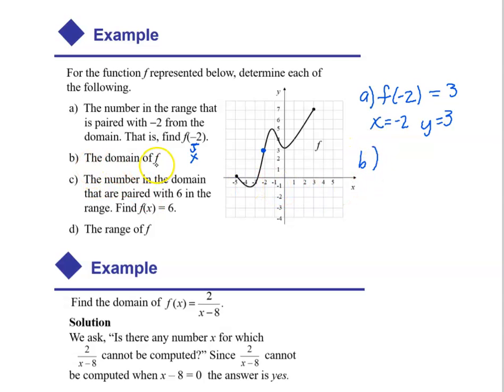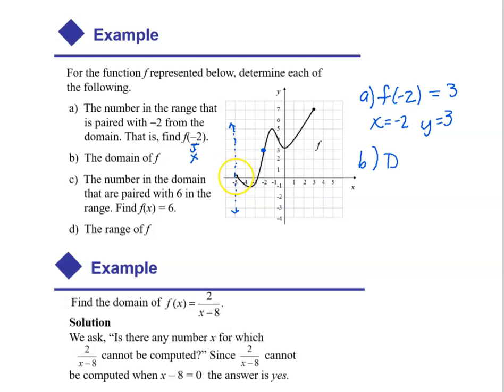The domain of f. Okay, so what's the domain of our function? Well, when you're talking about domain, you're talking about what could x be. So always look at your graph from left to right. There's nothing on this graph that goes past this line. This is where it starts.